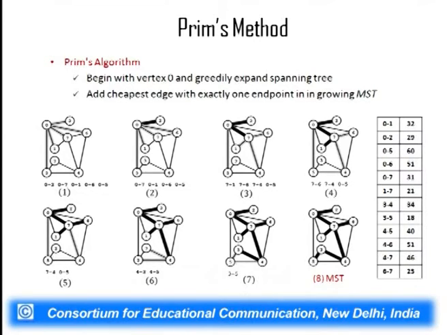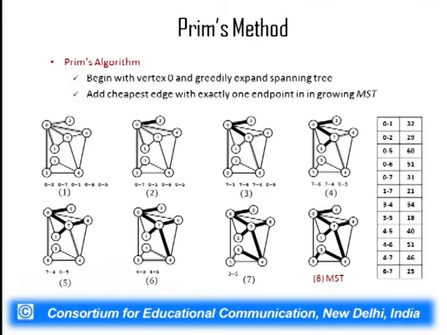So, we choose 0 2. Once 0 2 is fixed, it is darkened. Then what else do we have? Leave out 0 2, then we have 0 7, 0 1, 0 6 and 0 5. Among those, 0 7 is the next minimum, so 0 7 is used.